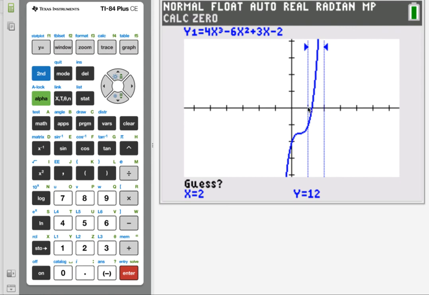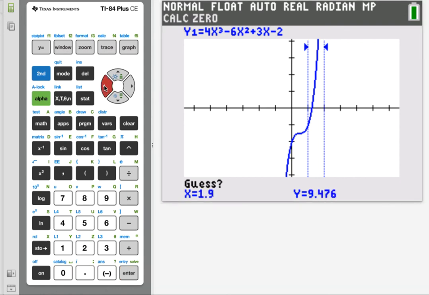So the calculator knows now that we have satisfied the conditions of the intermediate value theorem, and it is going to run a program called Newton's method. It's a slight variation of Newton's method, but it's going to run this program and it's going to find that 0. Now what's kind of cool here, so it wants me to give a guess, right? So I'm supposed to move my blinking cursor somewhere back close to where I think the 0 is.